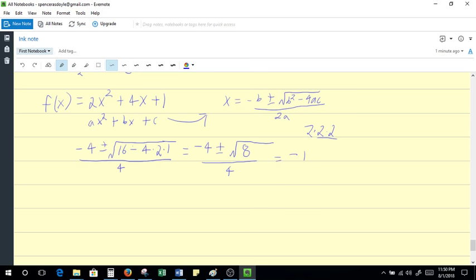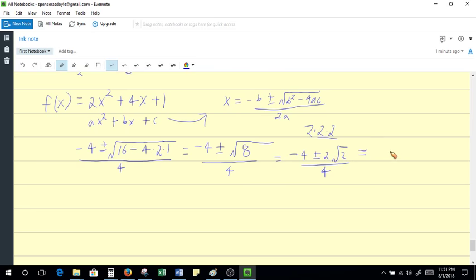We get negative 4 plus or minus 2 root 2 over 4. Now, depending on how they're asking you to do the question, you can simplify further. For me, I would break it apart. So put negative 4 over 4 plus or minus 2 root 2 over 4.